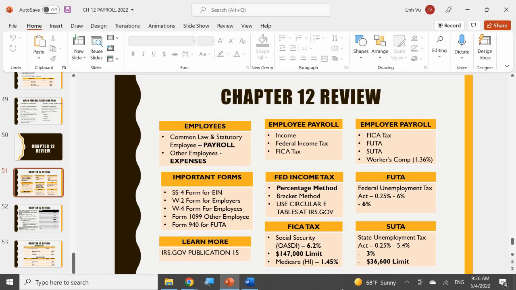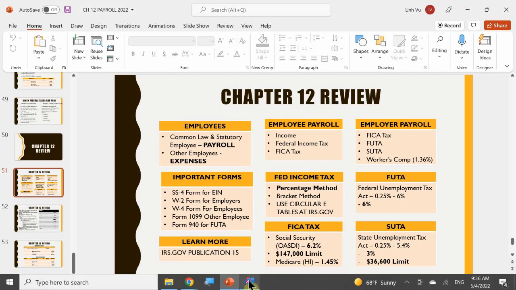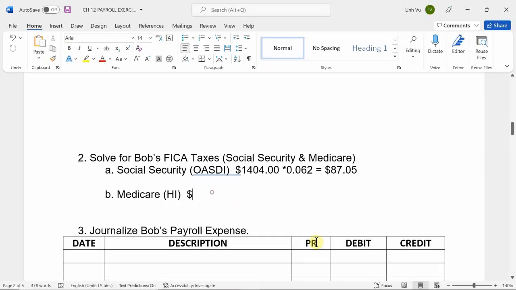Where did you find Social Security? Here. Oh, Medicare. Okay. It's 1.45. Not minus, it's just 1.45%. Okay, 1.45%. So it's based on gross wages, once again. So you need to calculate what 1.45% is.